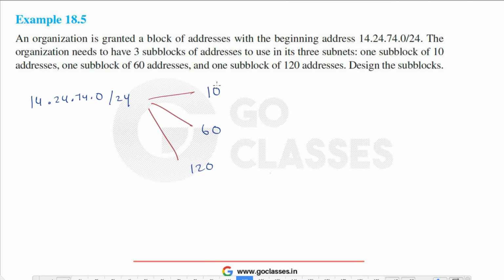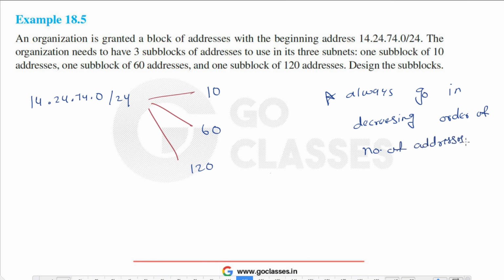This is very important: always go in decreasing order of number of addresses. So first you need to assign the subnet which has 120 addresses, then the subnet which has 60 addresses, then the subnet which has only 10 addresses.